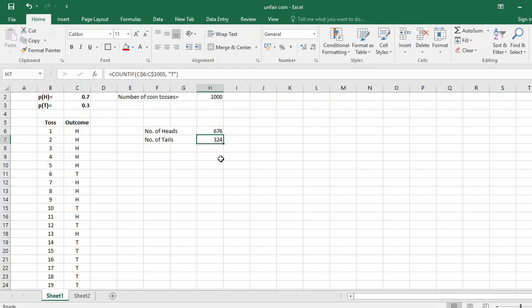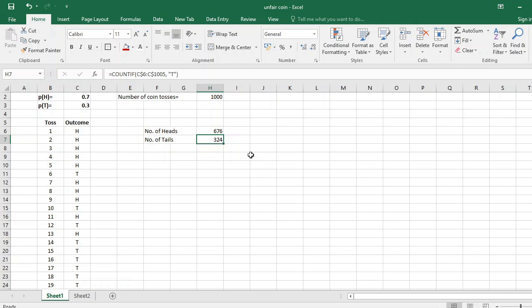But when you are doing a simulation like this, meaning that you are pretending as if you are doing a real life experiment, you will very rarely get exactly 700 heads and 300 tails. But the fact that our number of heads is pretty close to 700 and number of tails is pretty close to 300 tells us that our simulation is all right.